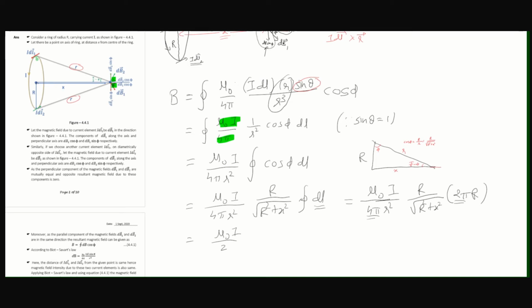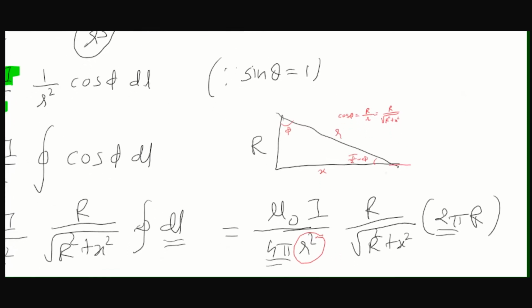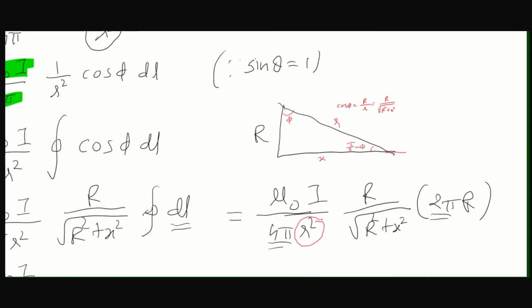Okay. One more change I will make here. This small r is actually the hypotenuse, isn't it? So r is under root r square plus x square.